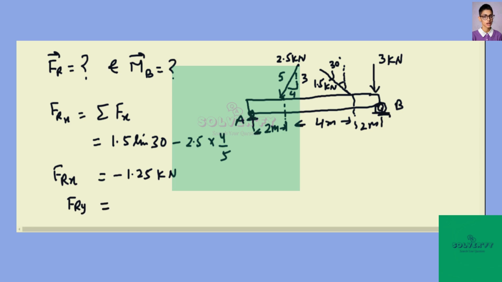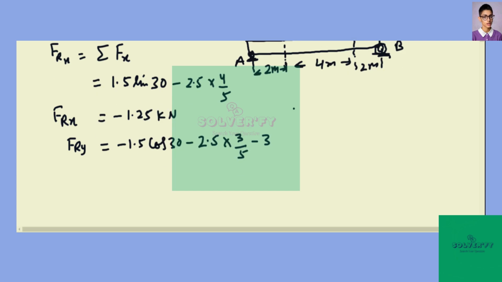Similarly, along the y-axis we have to resolve all these. Minus 1.5 cos of 30. The component of this force is also negative, so minus 2.5 into 3 by 5, and this force is also along the negative y-axis, so minus 3.